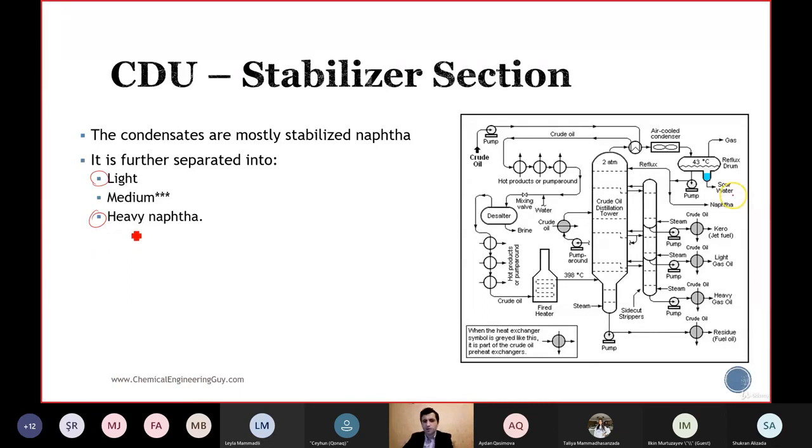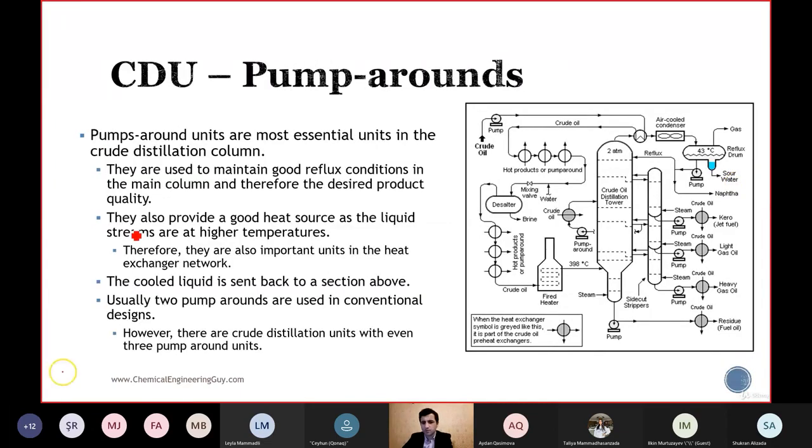The CDU pump-arounds. I talked about the pump-arounds, saying that we have pump-around 1, 2, 3, 4, and you can also count reflux as a pump-around. My question to you: why do we need pump-arounds?